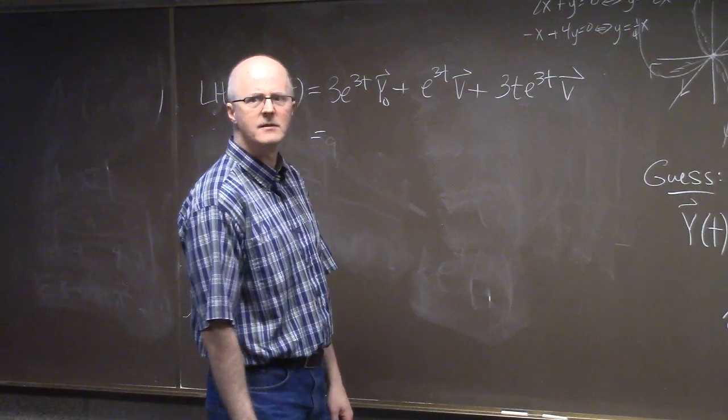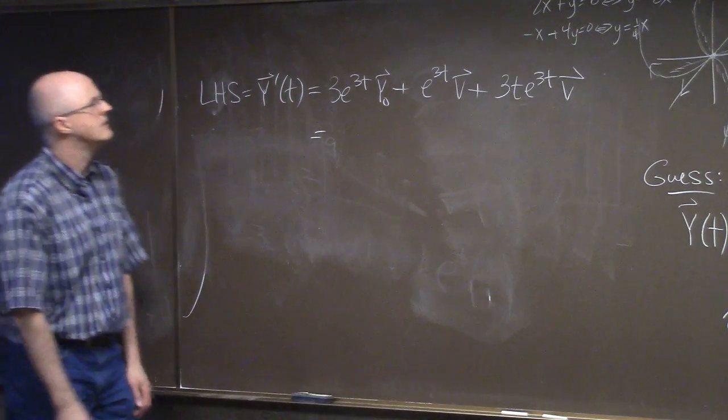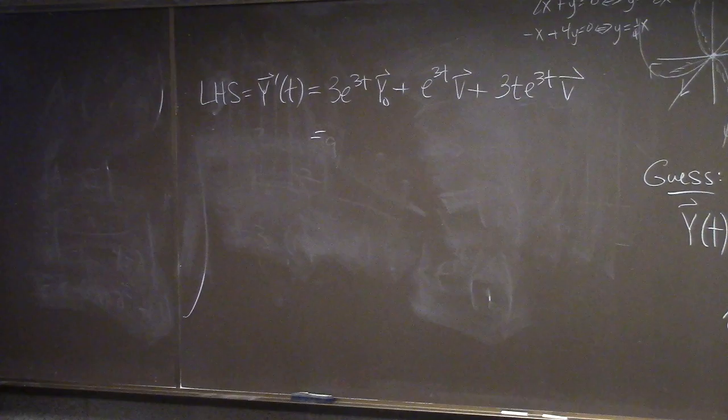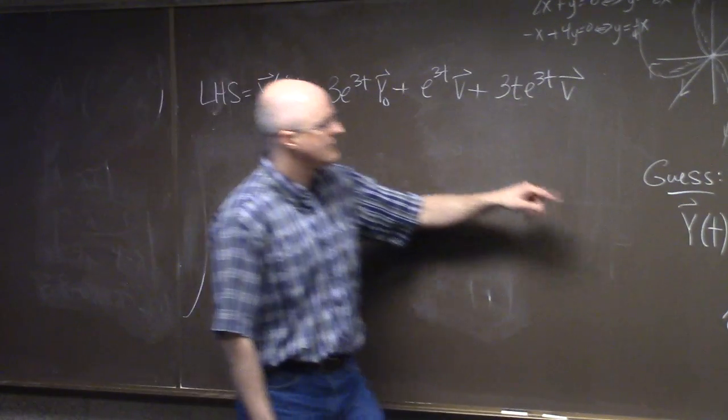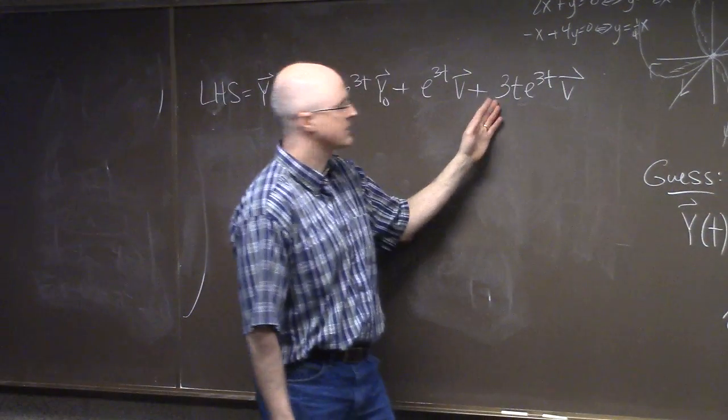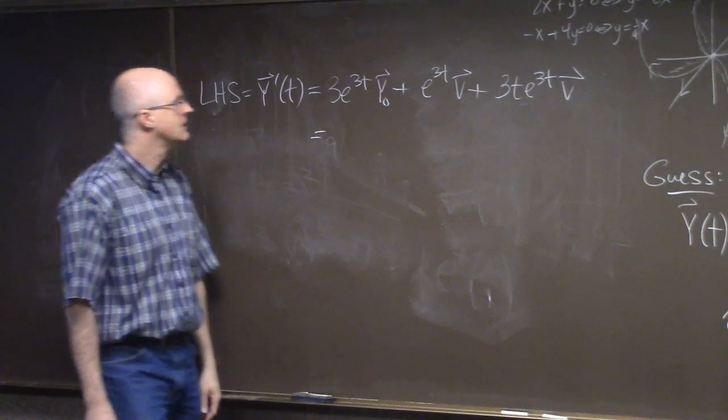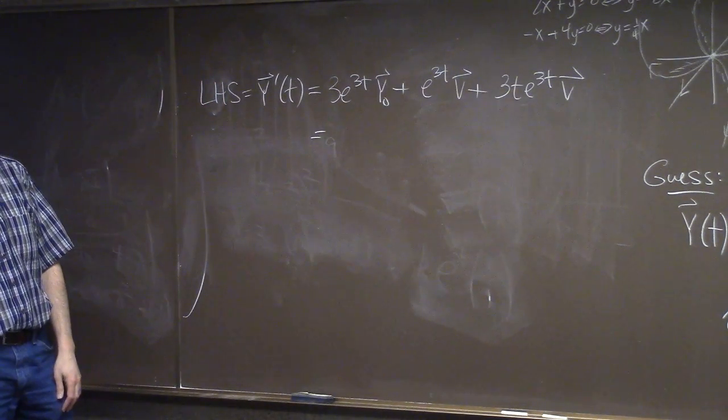No, I think this is right. Yeah, it's right. You sure? Yep. Okay. Because you're going to get the t times the derivative of e to the 3t, which will just involve an extra factor of 3. Yeah, I think this is right.